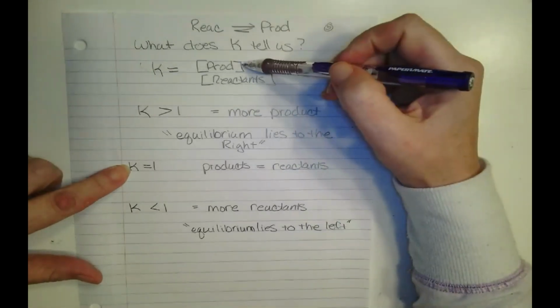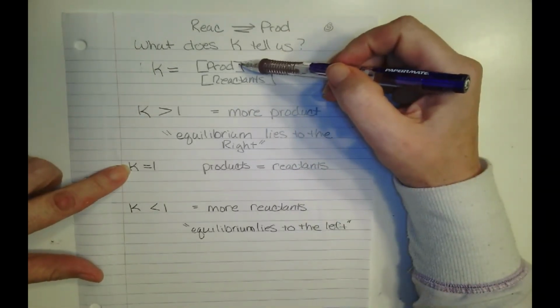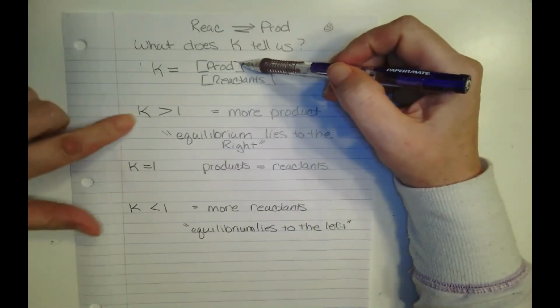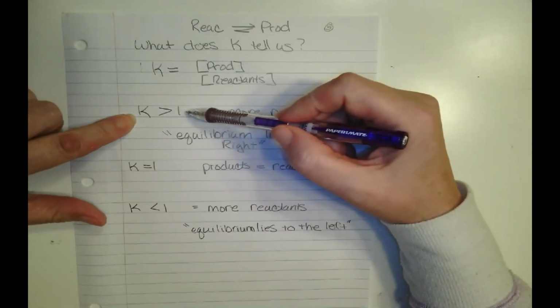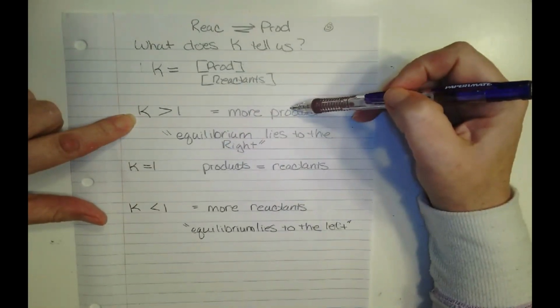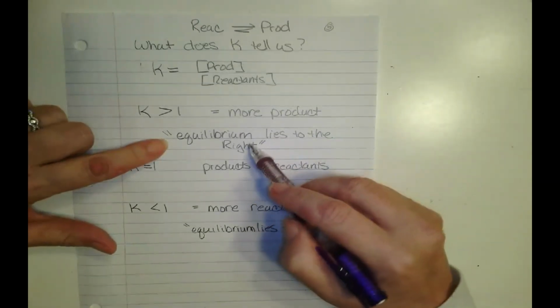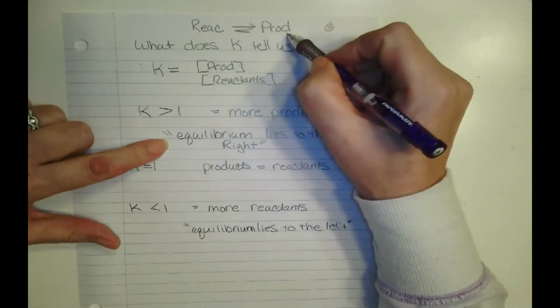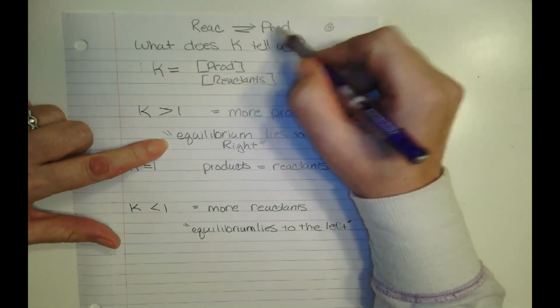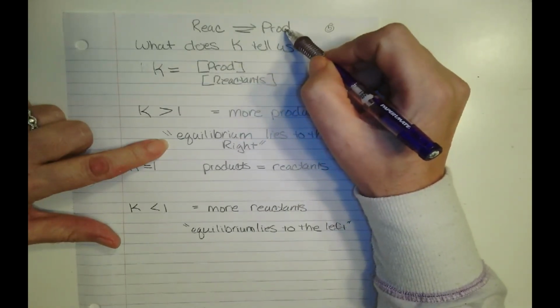But if I have more products, my numerator is a bigger number, and that means my K will be greater than 1. That means I have more products. And what do we say about that? We say that the equilibrium lies to the right. It's heavy on products, so the equilibrium lies more to the right.